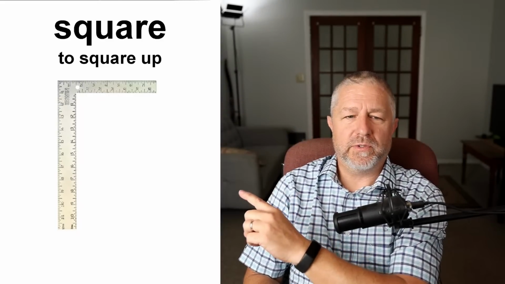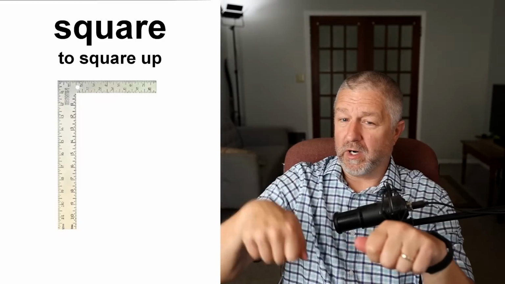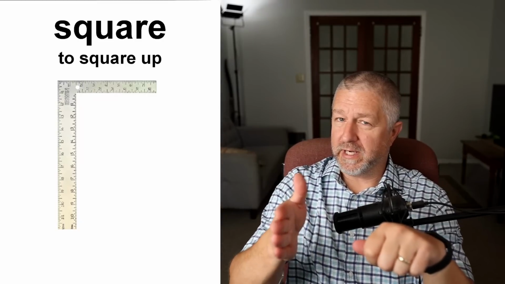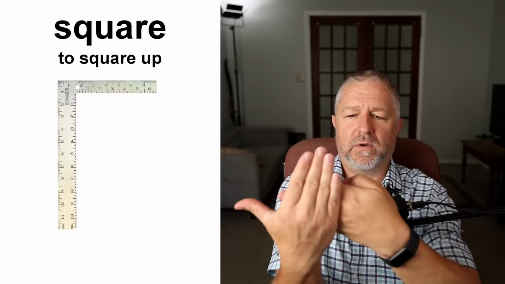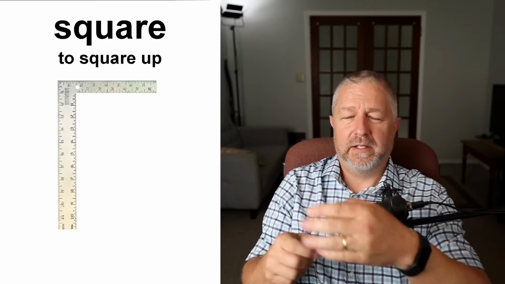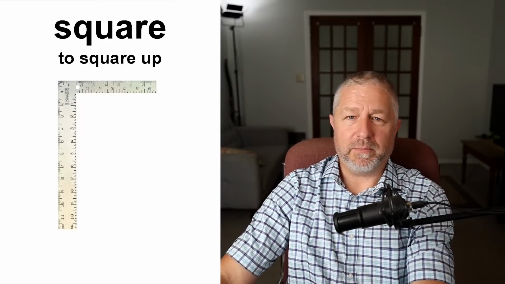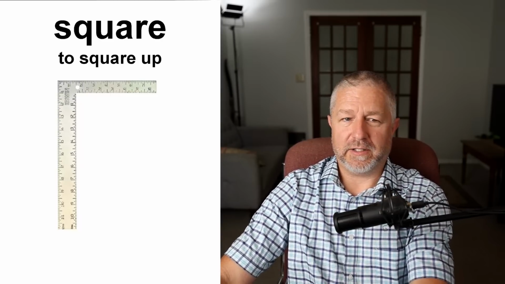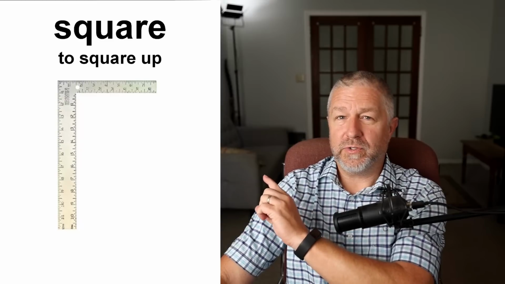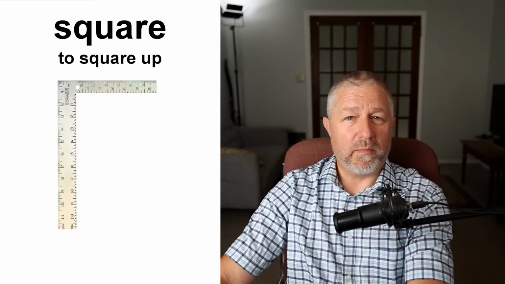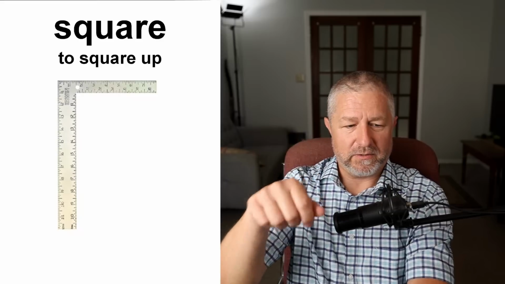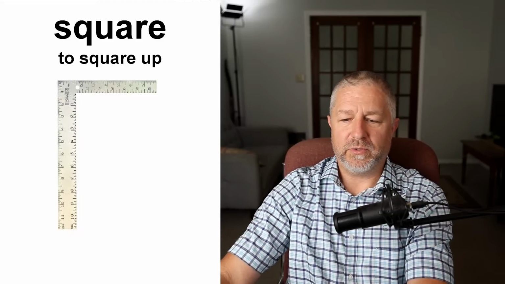We also use a square to mark a piece of wood before we cut it. So if I have a piece of wood, I can lay the square across and then draw a line so that I can make sure I'm creating a 90-degree cut. You can use a square to square up two pieces of wood, or to mark a piece of wood with a pencil so you know where to cut it.